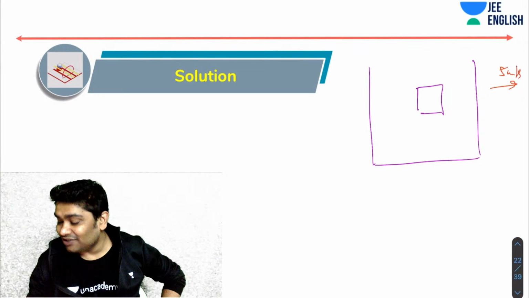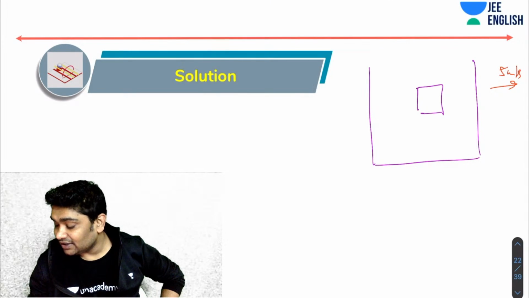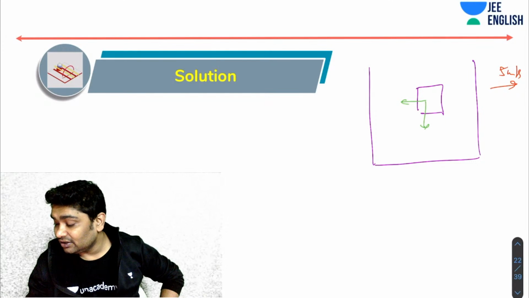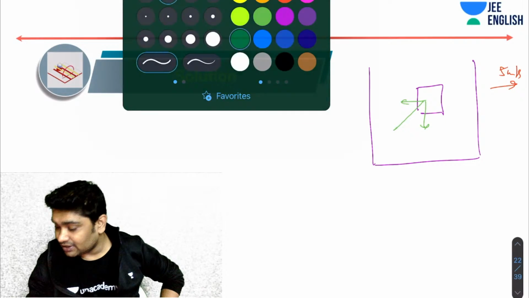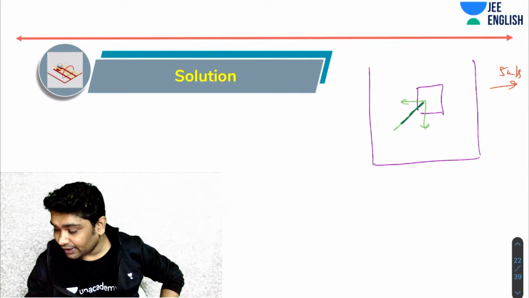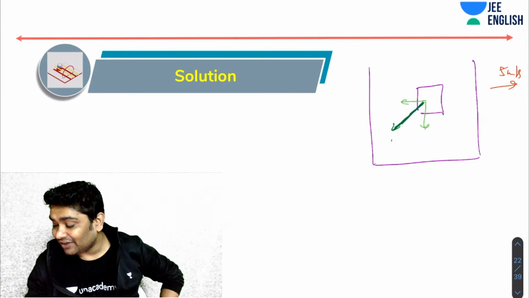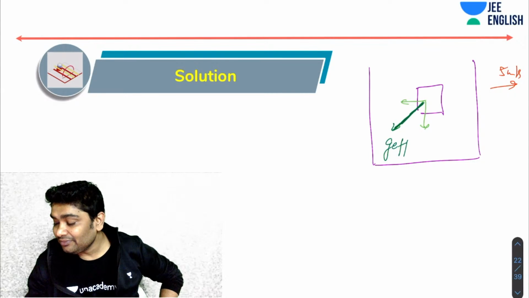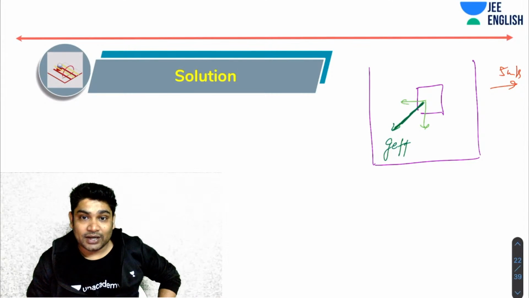So you would have a pseudo force in this direction and g here. So what you will realize is that the g effective would be acting in this direction. Agreed? In the reference frame of the container, g effective has this direction. Correct? Do you guys agree?